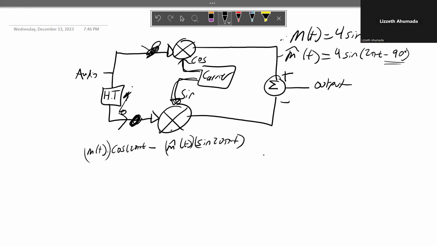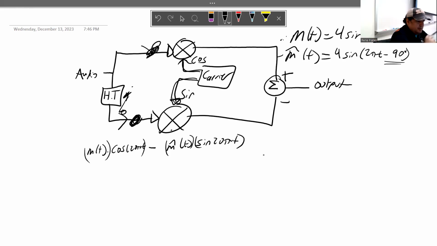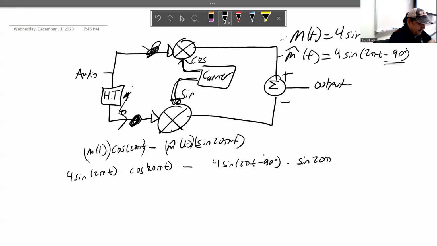So our message signal right here is 4 sine of 2 pi t times cosine of 20 pi t, minus 4 sine of (2 pi t minus 90 degrees) times sine of 20 pi t. That's it. Solve, and that's the answer.